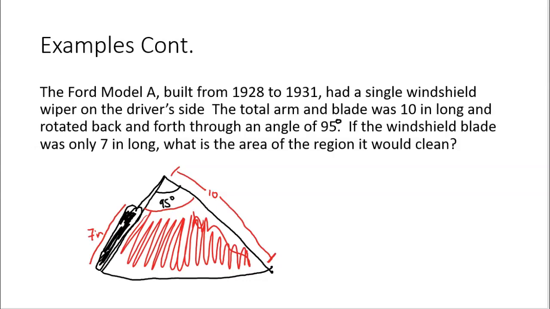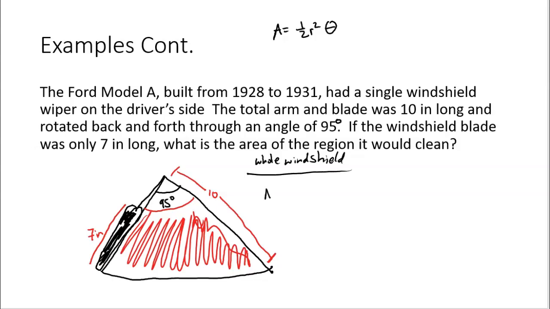Again, if you want to pause the video and try this out on your own, feel free. But we are going to use this formula, 1/2 r squared theta. The first thing I want to figure out is what the whole windshield would cover, so the whole 10.